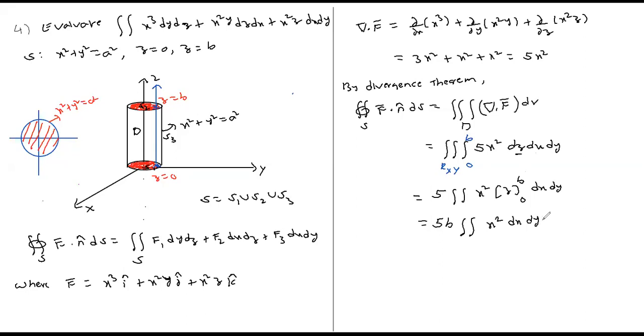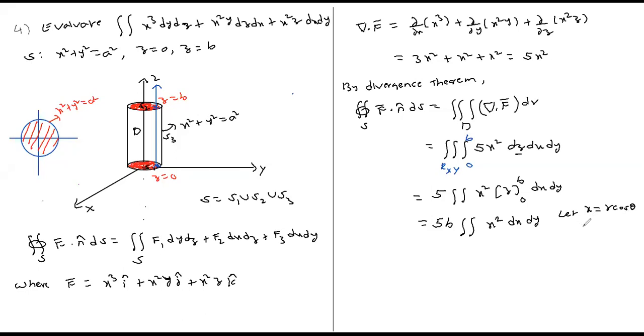Now at this stage, I am going to consider the polar coordinate substitutions. x equals r cos theta, where polar coordinates r and theta are varying.